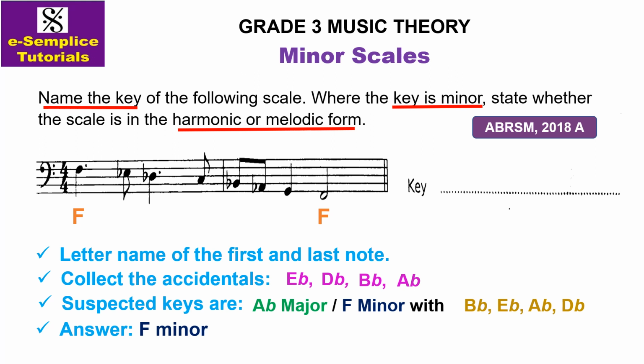The descending melodic scale retains same accidentals as the natural minor. So that means our final answer here is F minor melodic.